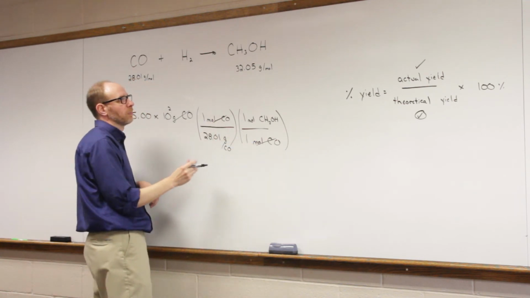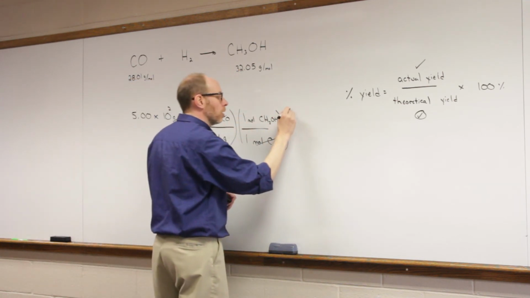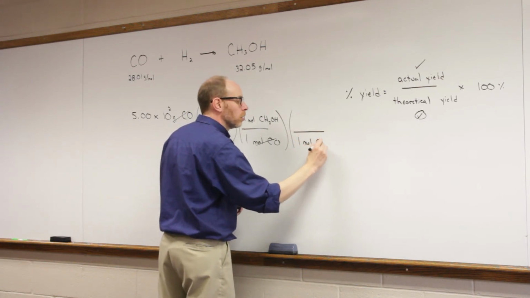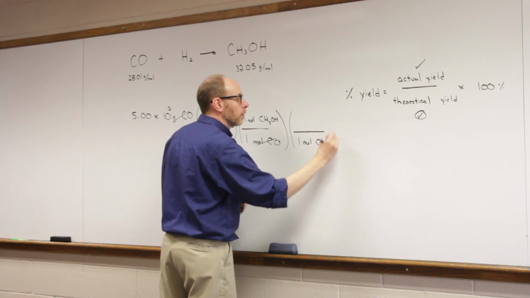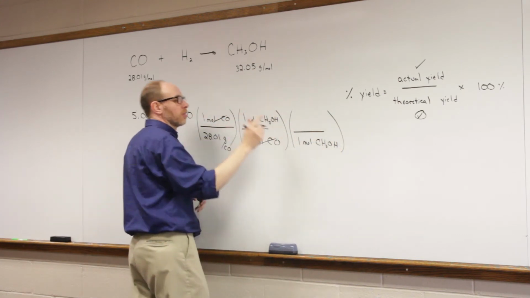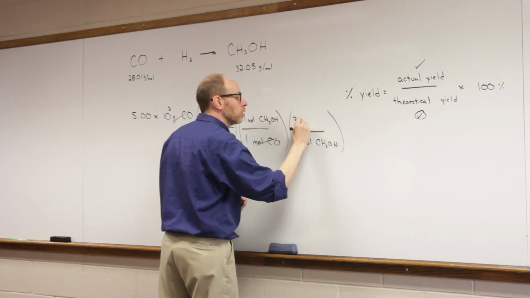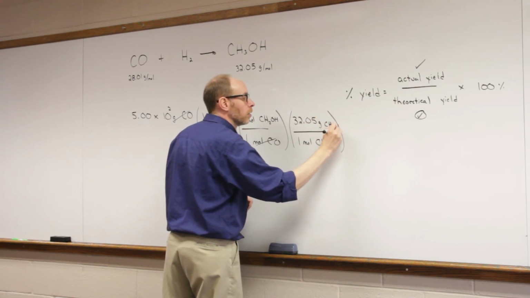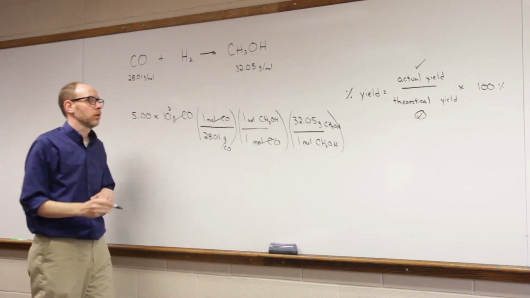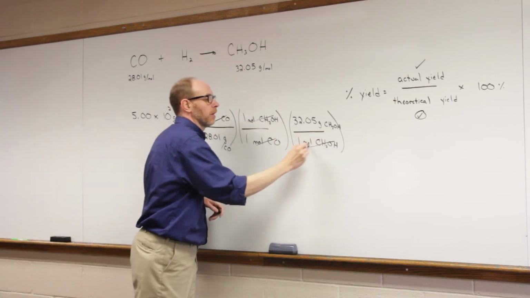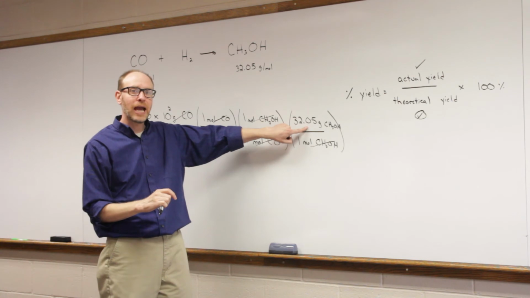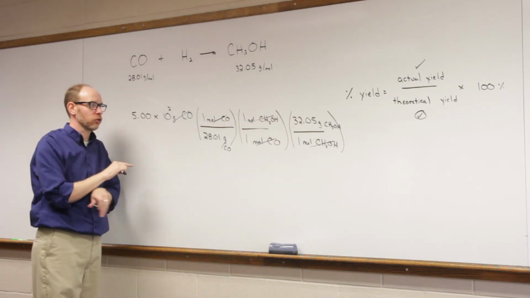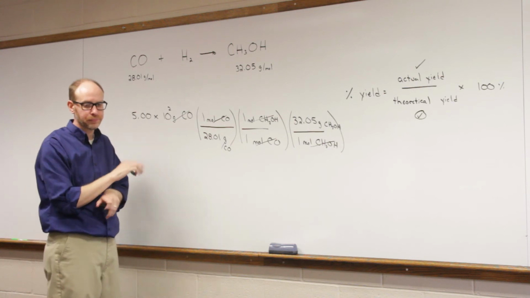Moles cross out. Now I know the molar mass of methanol. 1 mole of methanol is 32.05 grams of methanol. Moles crossed out, and I'm left with grams. I now have calculated how much methanol I should be able to produce from 500 grams of carbon monoxide.